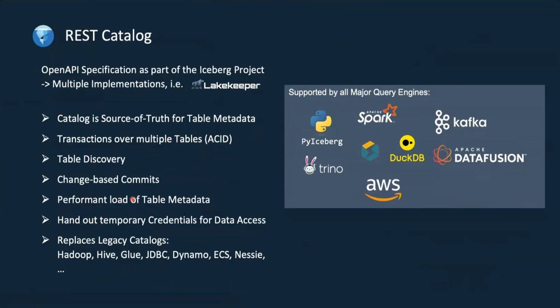Specifically for those of you who are already using Iceberg might know this: this REST specification wasn't the first attempt of Iceberg to build a catalog. We've had other catalogs in the past. I listed a few down here. All of them are legacy: Hadoop, Hive, Glue, JDBC, Dynamo, ECS, Nessie, there are more.